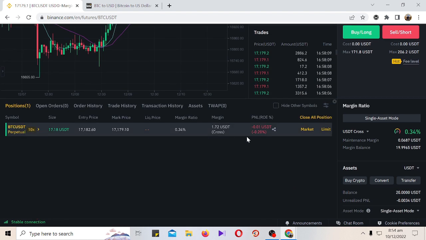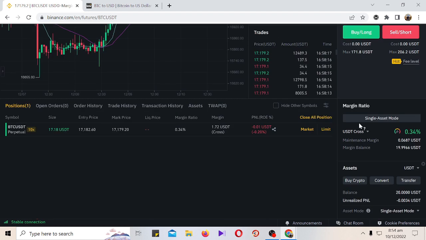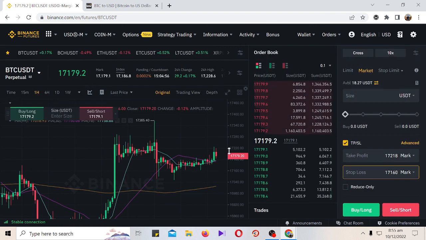Okay, so we can enter our loss here, then we'll just click on buy. Once we click on buy, this will be set so that anytime the market falls to 17106, our position is going to be cancelled so that we can't lose any more money.